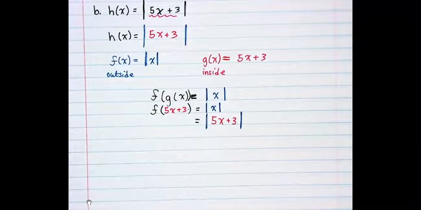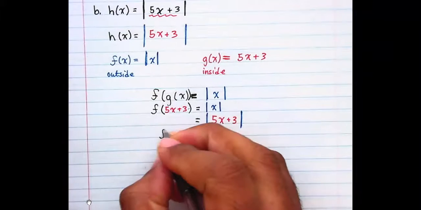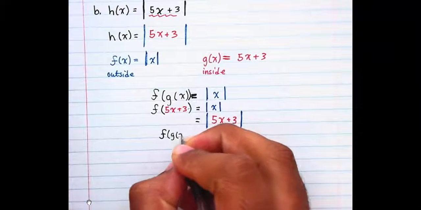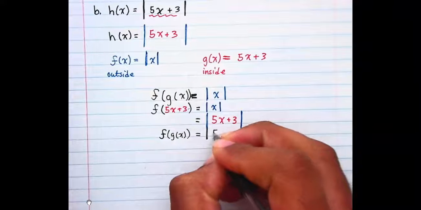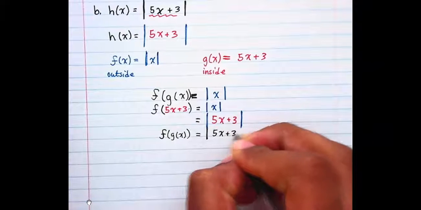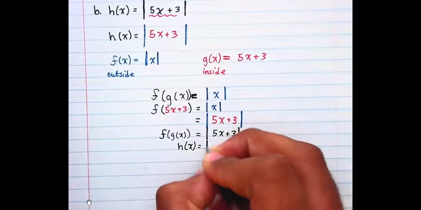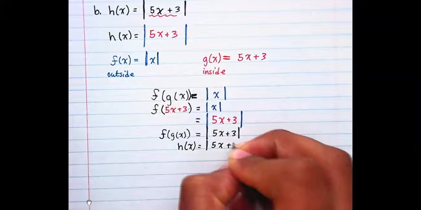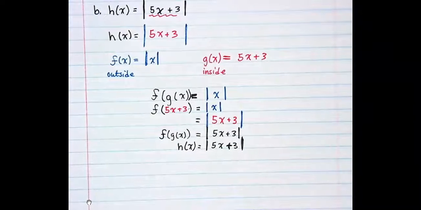All right. And then as you look at it, that is what we're talking about. So f of g of x equals the absolute value of 5x plus 3, which is what we start off with, our h of x. Again, this is our check to make sure that we did it right, that we chose the right things. So if something else randomly weird happens here, that means you didn't do it right.